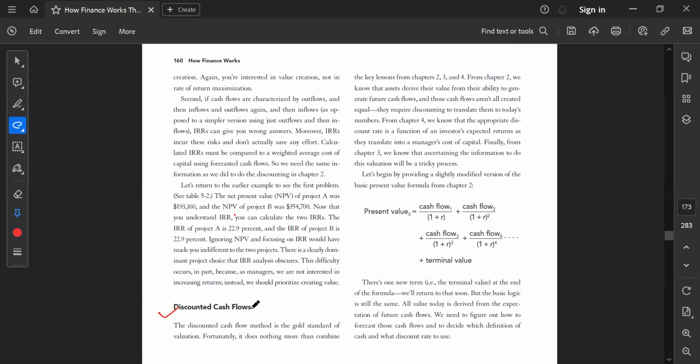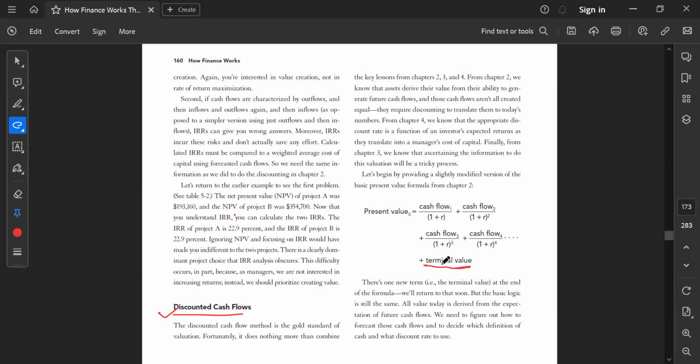Now we have studied discounted cash flow earlier, I guess, the idea of discounted cash flow. But for the sake of revising, it is basically the net present value, which is obtained by discounting all the future cash flows at an appropriate rate of return, plus the terminal value.